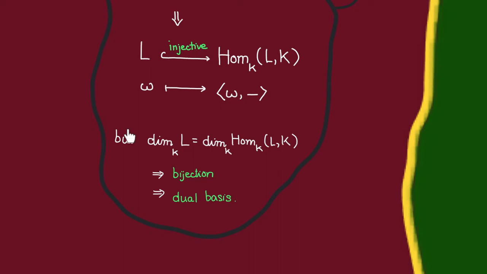However, since the dimension of L is equal to the dimension of this space, saying that this map is injective is equivalent to saying that it's a bijection. And thus, given any basis omega 1 to omega n of L, there must exist a dual basis eta 1 to eta n of L over K, by which we mean the pairing of omega i with eta j is equal to delta ij.